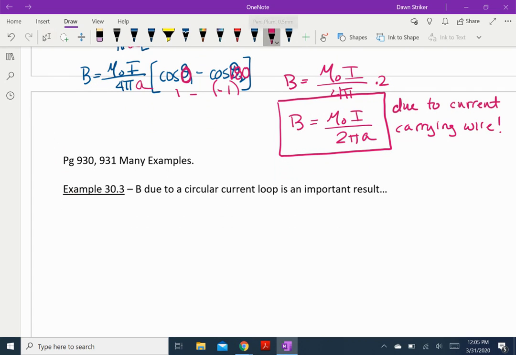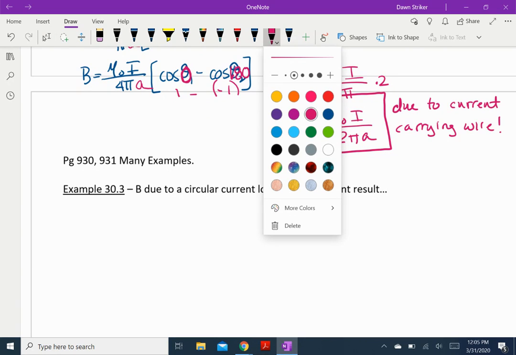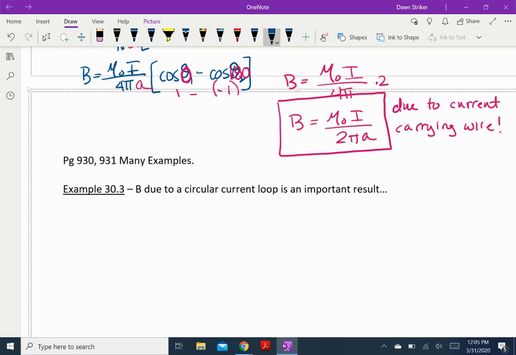So I'm going to ask you to please look at your textbook for example 30.3. Another really important application of the law of Biot-Savart is a loop of current-carrying wire. Motors and generators all have loops of wire in them.